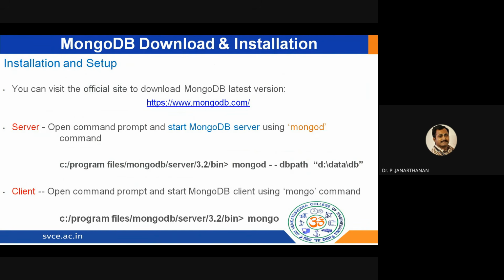In order to run the server, we have to use the mongod command. Here you can see that if you have installed the MongoDB server in C:\Program Files\MongoDB\Server\3.2\bin, you need to run the command mongod --dbpath, and also where you have created a database, d:/data/db.